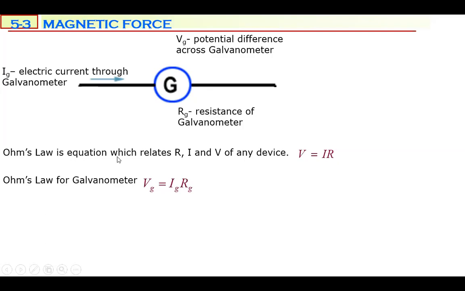According to Ohm's law, these three quantities are related: V is equal to I times R, which means the potential difference across the galvanometer, Vg, is equal to the current through the galvanometer, Ig, multiplied by the resistance of the galvanometer, Rg.